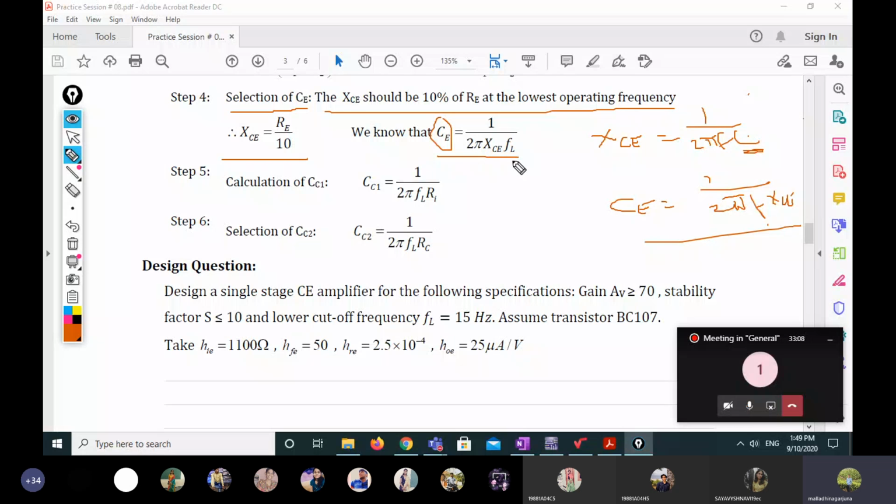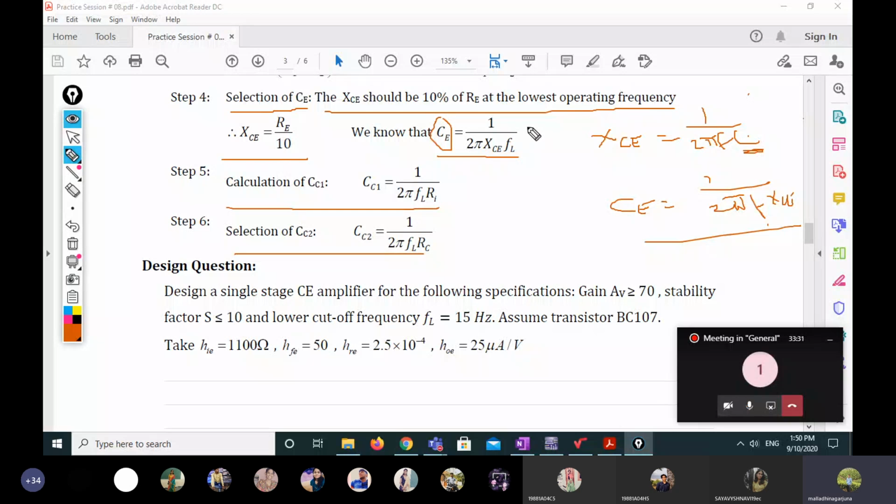Next is the calculation of CC1, the input capacitance, and CC2, the output capacitance. Input capacitance is 1 by 2 pi FL into Ri, the input resistor. Output capacitance is 1 by 2 pi FL into RC, the output resistor.